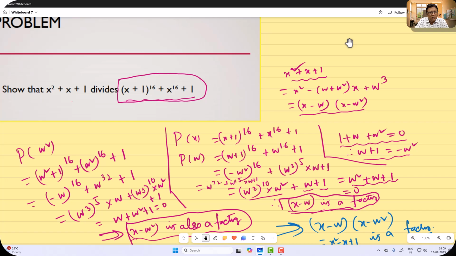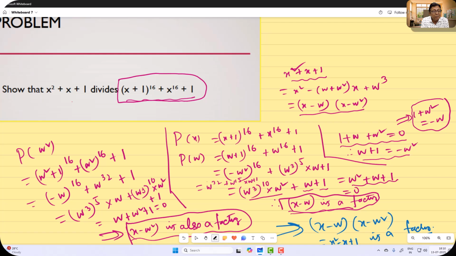Okay, not a difficult one. Similarly, you put x equal to omega square over there. Remembering the fact that 1 plus omega plus omega square is 0, we can do one thing from here: 1 plus omega square can be replaced by minus omega.